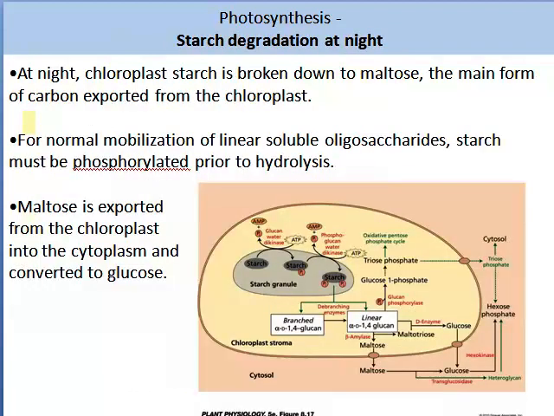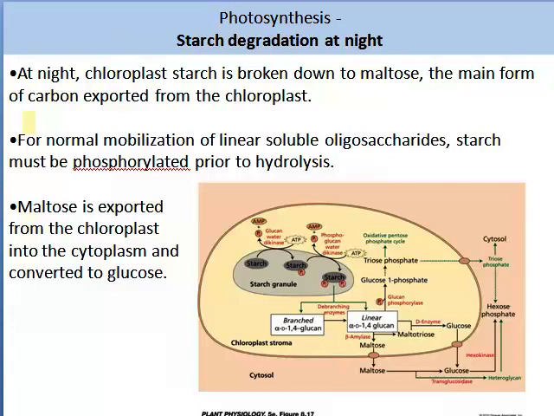At night, chloroplast starch can be broken down to maltose, the main form of carbon exported from the chloroplast. For normal mobilization of linear soluble oligosaccharides, oligosaccharides means many saccharides, starch must be first phosphorylated prior to hydrolysis.